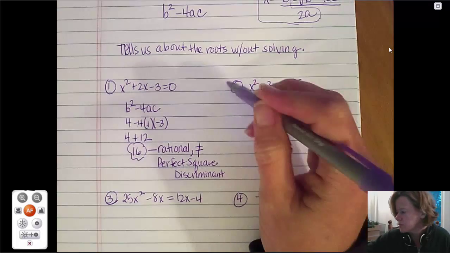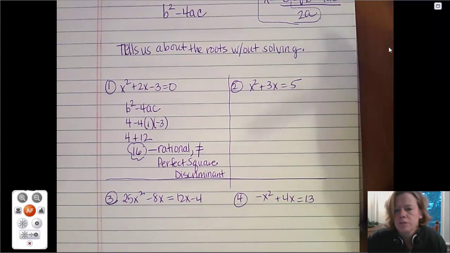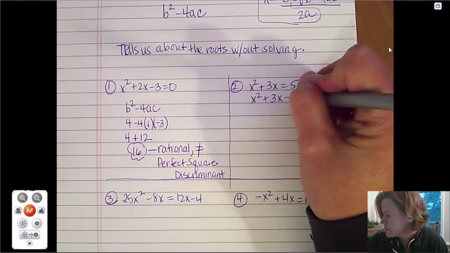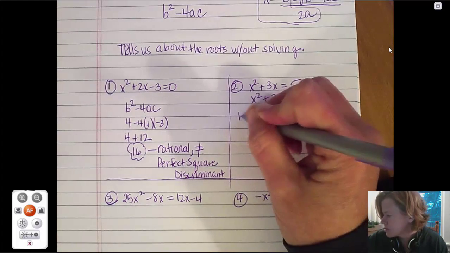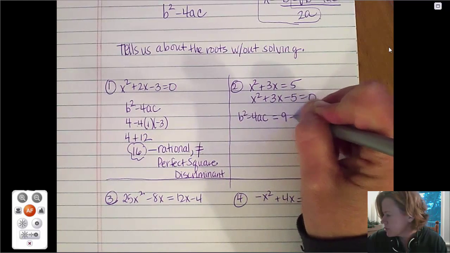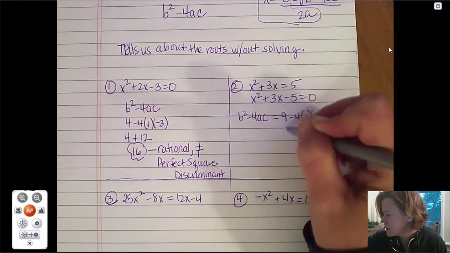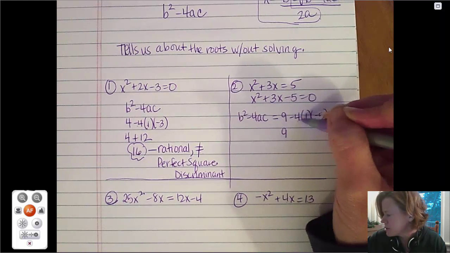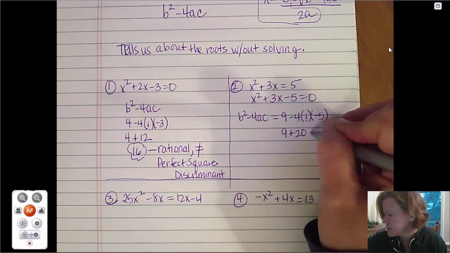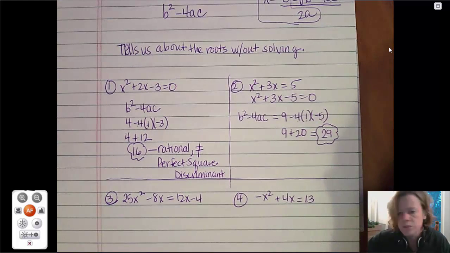Let's go back to number 2. Yesterday we solved x squared plus 3x equals negative 5. When we first set that equal to 0, and then we can evaluate the discriminant, b squared minus 4ac. Well, 3 squared is 9, minus 4 times a is 1, times c is negative 5. Clean it up, we get 9. Negative 4 times 1 is negative 4, times negative 5 is positive 20. So my discriminant is 29. 29 is a non-perfect square number.